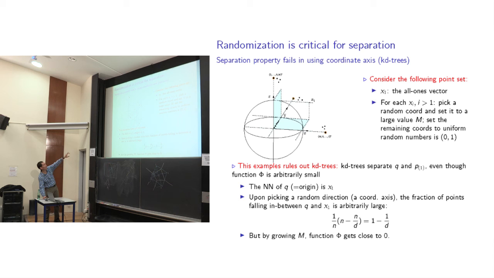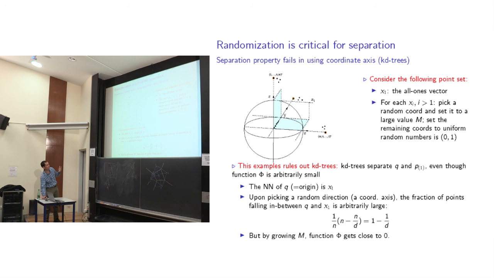Now, let's take this one. If I were to project this one onto the x-axis, it would project maybe here, right? But of course, along the axis y here, z, sorry, I would also have a number of points that would project here. And so in this case, upon picking a random direction, which is a coordinate axis, the fraction of points falling in between q and x1 is in fact exactly this quantity.